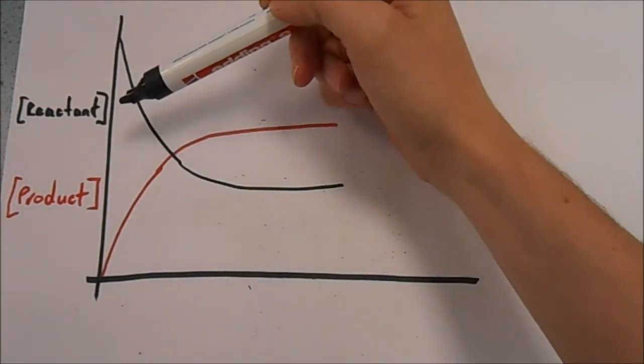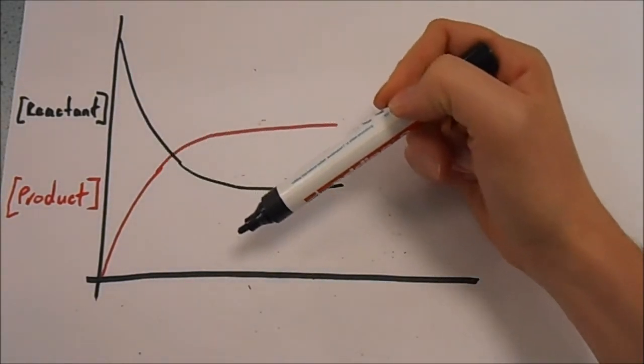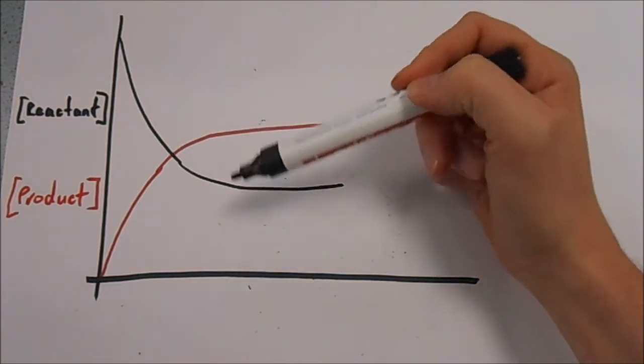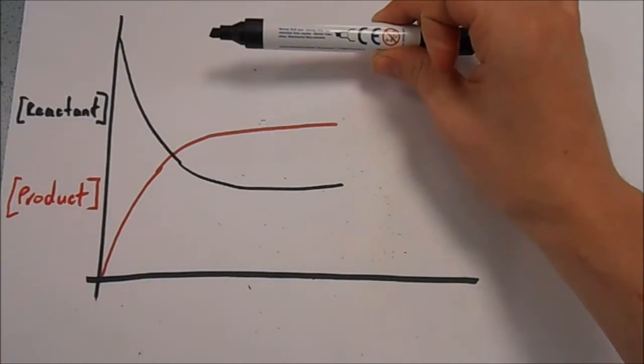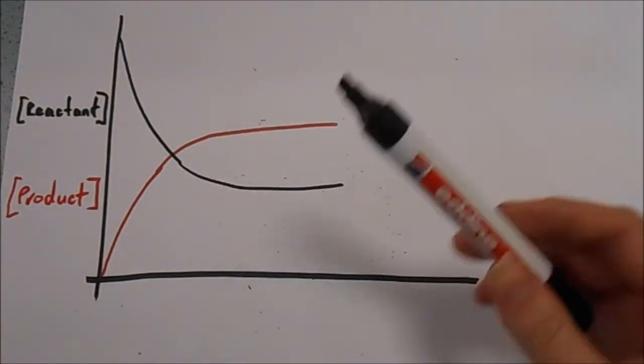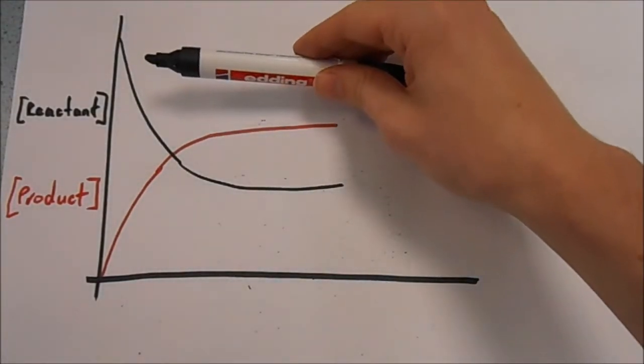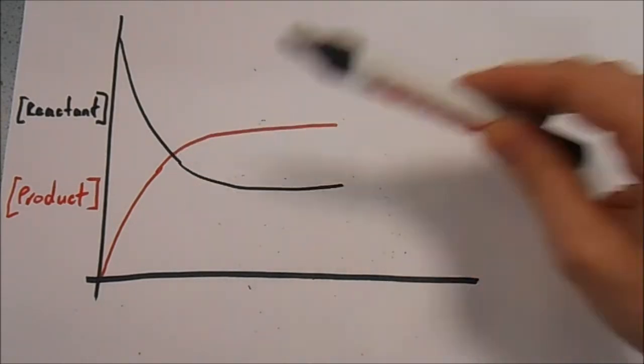So as quickly as the reactant is being used up, it's being reformed by the product. So we never get to the point where the product reaches the maximum yield that we could have of product. And we never reach the point where the reactant has actually all been used up either.